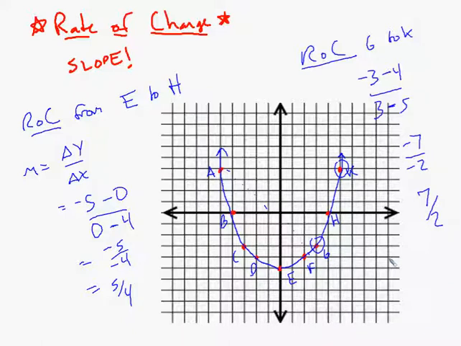That's the rate of change from G to K. Now, I'm plucking these points off of this graph, but sometimes you're asked to find the rate of change given a function. So I'll show you one example of that. It's not too complicated.